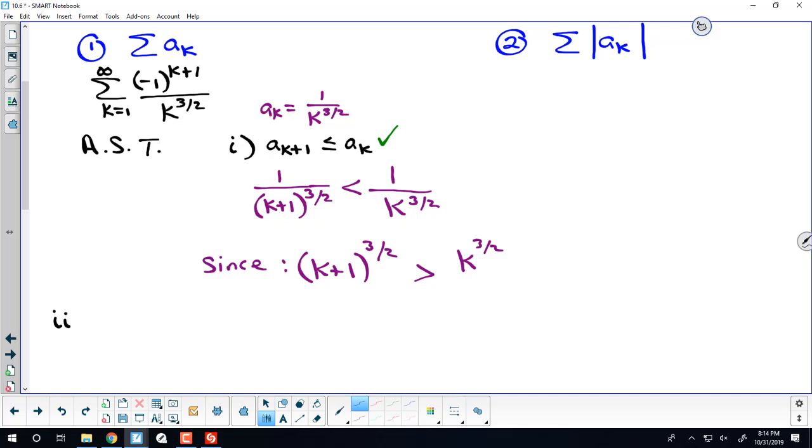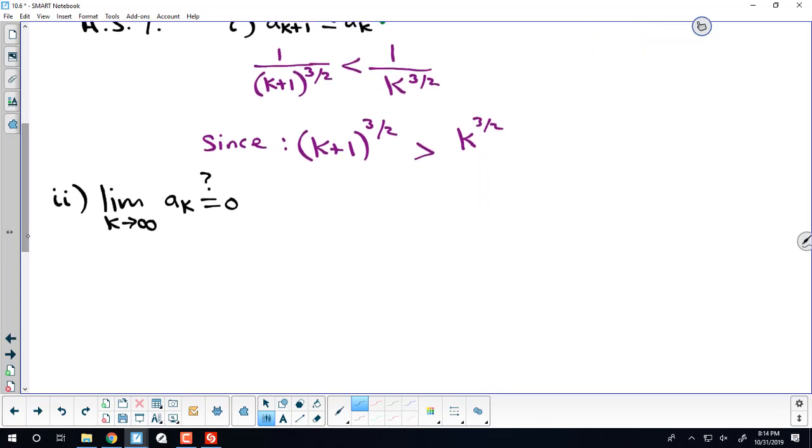And 2, the limit as k approaches infinity of a sub k equals 0. A sub k is 1 over k to the 3/2. Yes. Clearly equal to 0.